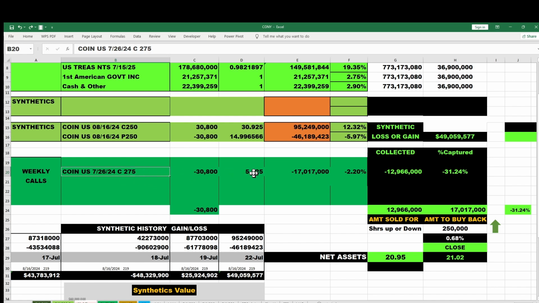So if it runs to 300, this thing's going to be like 28. It's going to be a huge liability. But we're going to make all that and more over here, because from 265 to 275, we make money here. And in theory, we don't lose over here. Yeah, the time premium is still there, but every day that goes by that we stay under 275, this shrinks.